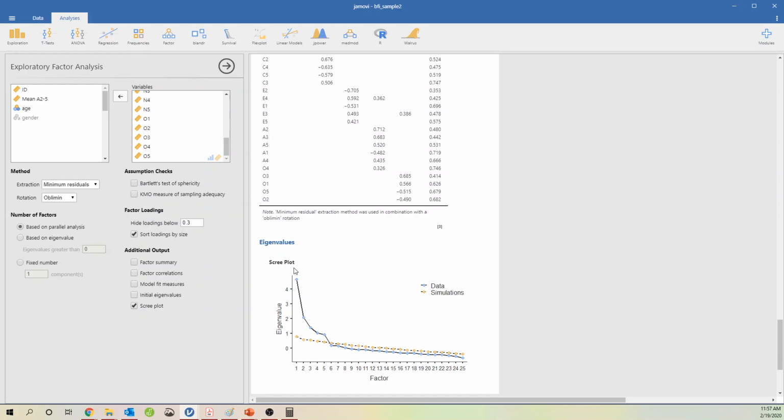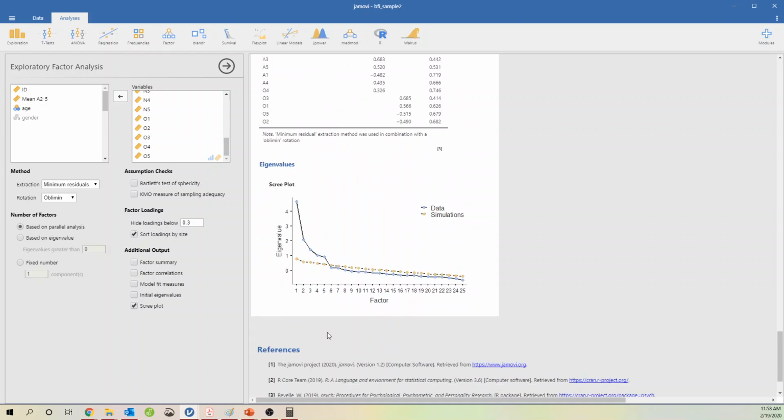Basically what we have on this graph, this yellow line is the simulated amount of variance accounted for based on completely random data for 1 through 25 latent variable models. So right now we have 5 latent variables, and this is the line that says, well, if our data were completely random and we had 5 latent variables, this is how well our variance should be accounted for.